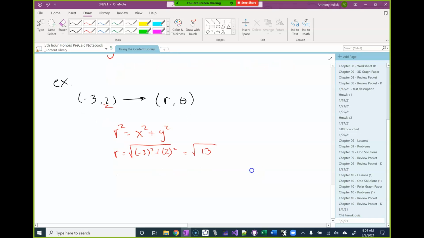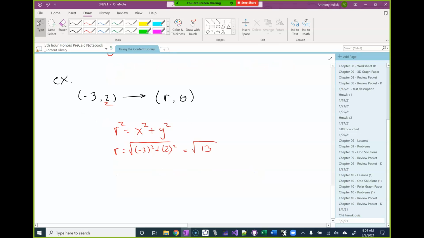To find my theta, I have to be a little bit careful here. If I plot my point, that's the theta that I actually want. But what I'm going to be finding is this value, call it alpha, because I know alpha is the inverse tangent of y over x. So then I can say theta is 180 minus alpha.